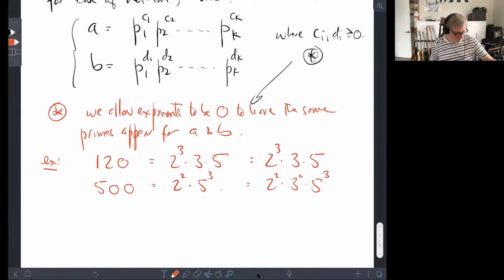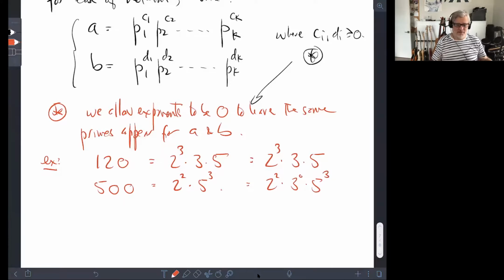So that's what I mean. You can always expand both decompositions, allowing exponent 0, so that the primes that appear in both are exactly the same. Why do we not do that in general? Because then the decomposition is not unique.